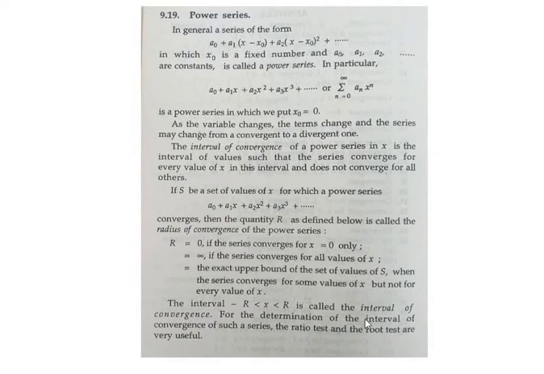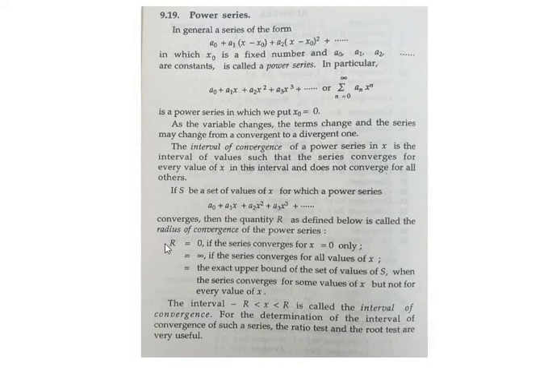For the determination of the interval of convergence of such a series, the ratio test and the root test are useful. First of all, if we have a series like this, we know that it is a power series. To check its convergence and divergence for different values of x, we should calculate capital R. What is capital R?